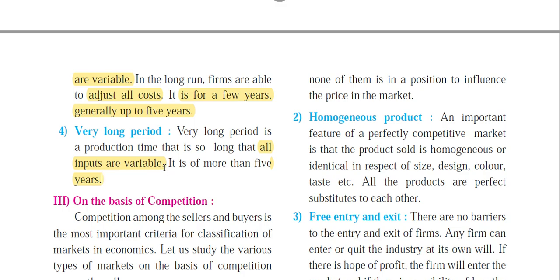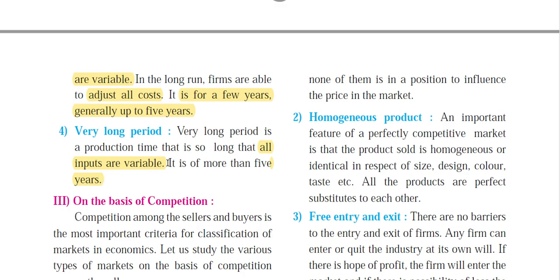Just because of the long production time, all inputs are variable. That is, in the first year the amount of steel, cement, bricks and all varies from time to time. Because of that, all input prices vary, and the supply also will take a long period of time, say more than 2 years, which is an example of long run.